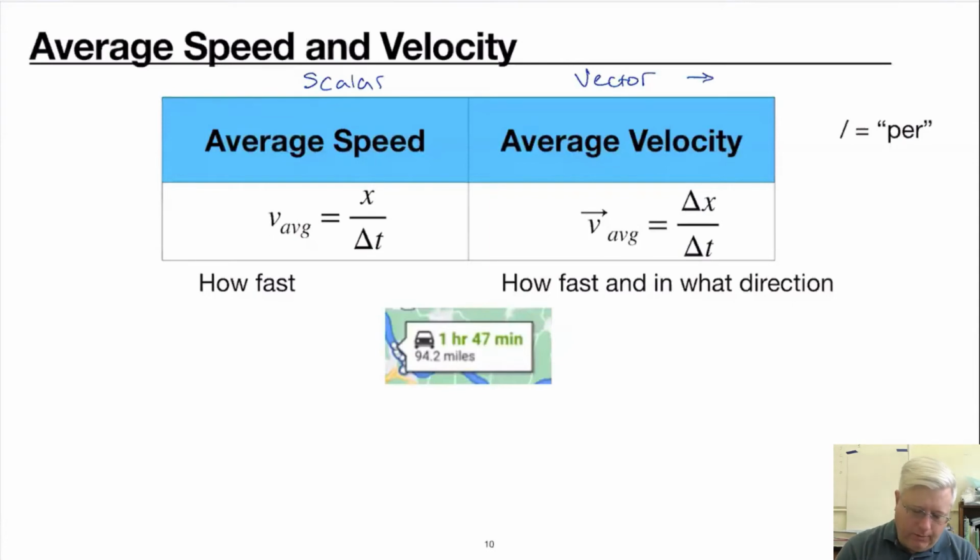So if we were, for instance, to say the average speed, and then I put x for the length, the distance. So we know a speed is a certain distance in a given time interval, and you can really use any letter you want.